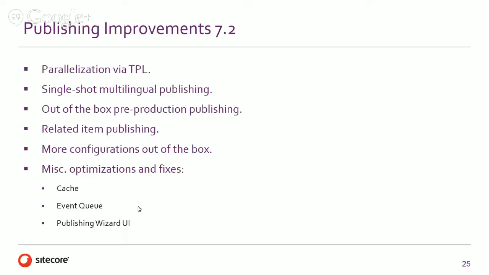And that also leads into more configurations that are available out of the box. There is one config file that enables dedicated publishing configuration. So if you run a dedicated publishing box, you can use that config to enable only publishing related stuff and disable everything else.